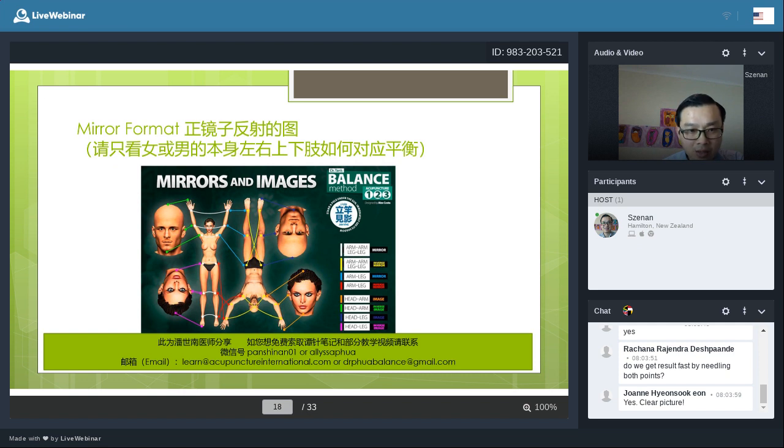Look at the girl. Knee treats knee, because both knees are in the center. Then the lower joint is the ankle. Both ankles, lower joint, so those two treat each other. And the upper joint, above the knee joint, is the hip. So hip treats hip.